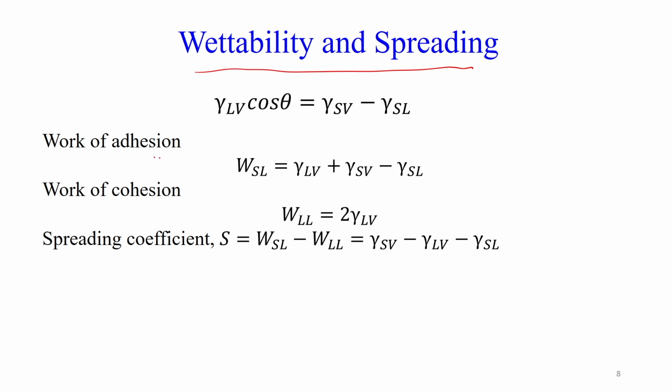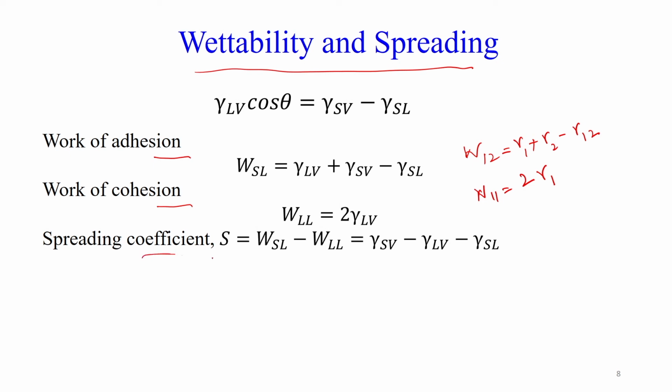So, work of adhesion is gamma LV plus gamma SV minus gamma SL, or you can say W 1 2 is equal to gamma 1 plus gamma 2 minus gamma 1 2. But if it is cohesion, W 1 1 will be twice gamma 1. So, this is the difference between adhesion and cohesion. Work of adhesion we know, work of cohesion is known.